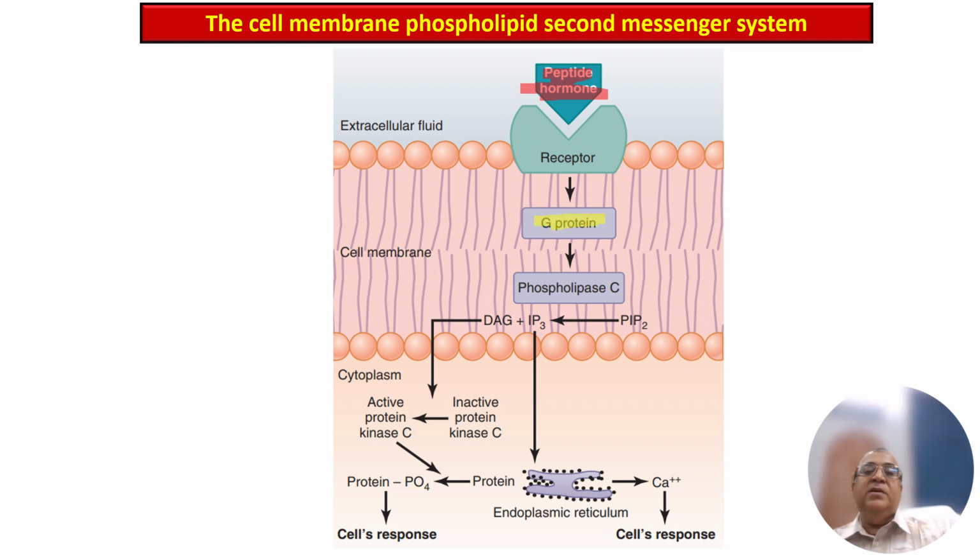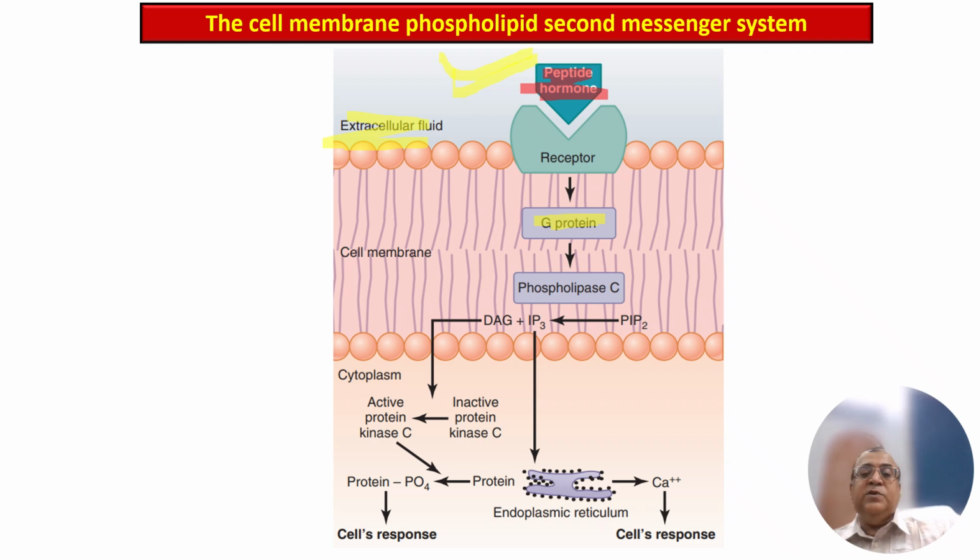So whenever a peptide hormone binds to a receptor on the cell membrane, that is, this hormone is originating from the extracellular fluid, and this receptor activates an associated G protein that is located on the intracellular side of the membrane.